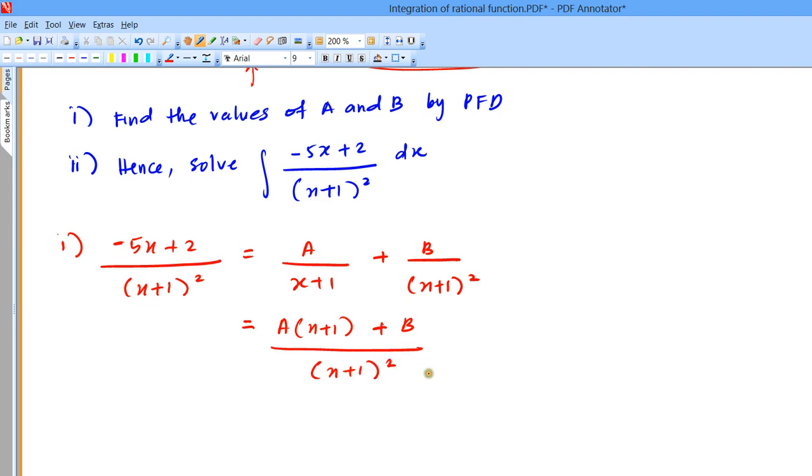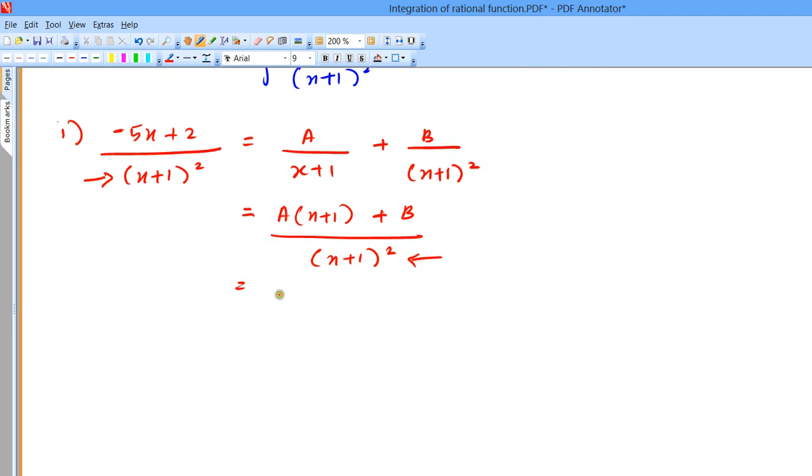So the denominators are equal, and then we can expand the numerator. So we get ax plus a plus b over x plus 1 square.